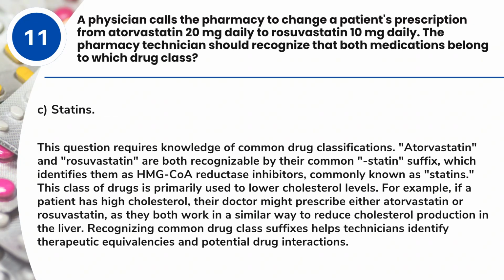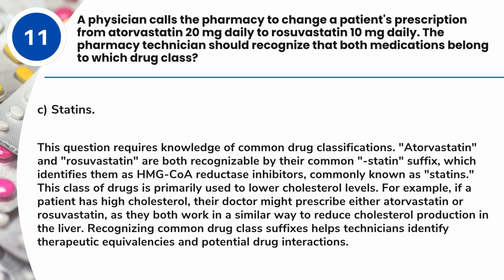Answer: C. Statins. This question requires knowledge of common drug classifications. Atorvastatin and rosuvastatin are both recognizable by their common statin suffix, which identifies them as HMG-CoA reductase inhibitors, commonly known as statins. This class of drugs is primarily used to lower cholesterol levels.